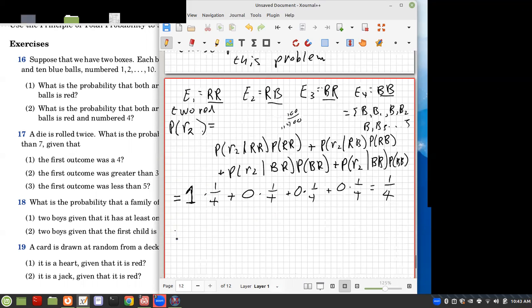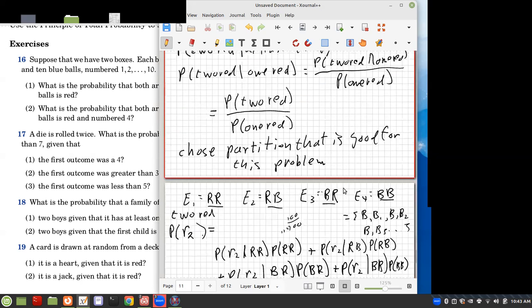So the probability that you get 2 reds, that's our R2, given that you have 1 red, is going to equal 1/4, because we just calculated that, over the probability that you get 1 red. And you can also check back, does this make sense?